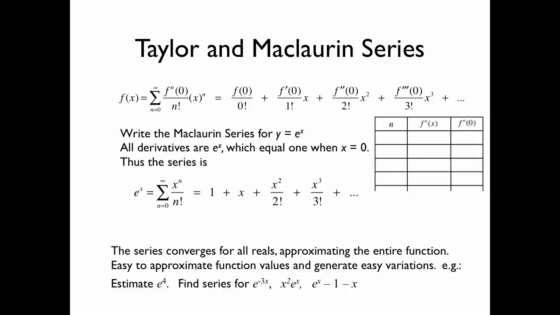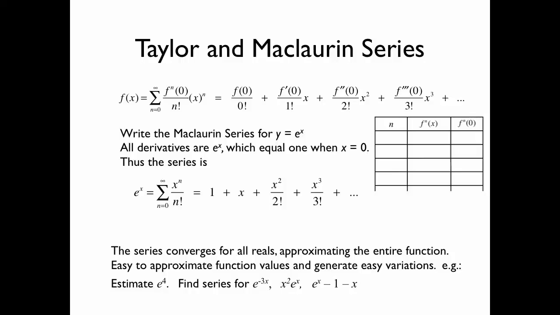Derivative and antiderivative are very easy. Because they're convenient, that's a reason why you might want what's called a Taylor polynomial, an approximating polynomial to some non-polynomial function, like e to the x. So for instance, we could use this polynomial now to estimate e to the 4th.